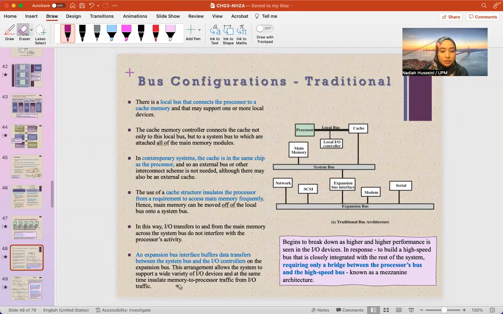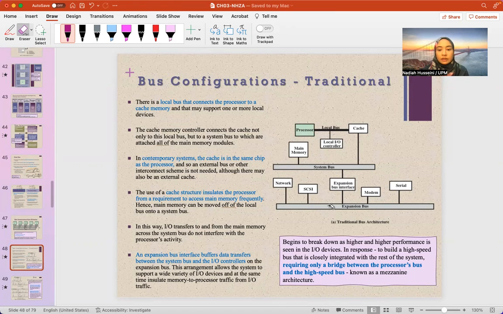And at the same time, insulate memory to processor traffic from the I/O traffic. So if we have traffic over here, it is insulated. These guys over here are insulated from the traffic over here. Same case, if there is traffic over here, the processor is insulated by the cache from the traffic going on over here. So this allows us to have a more efficient coordination.